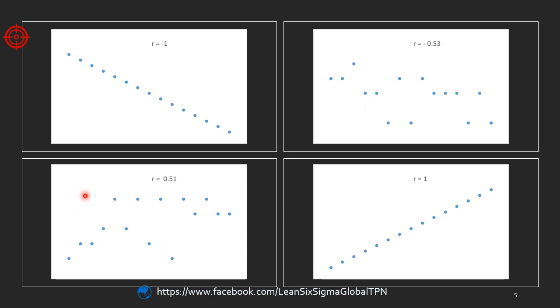For a stronger relationship between variables, the correlation is closer to +1 or -1. When there is a perfect linear relationship, all points fall on a straight line, and the correlation equals either +1 or -1.